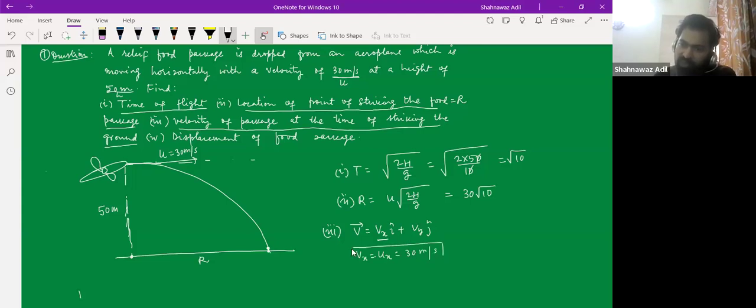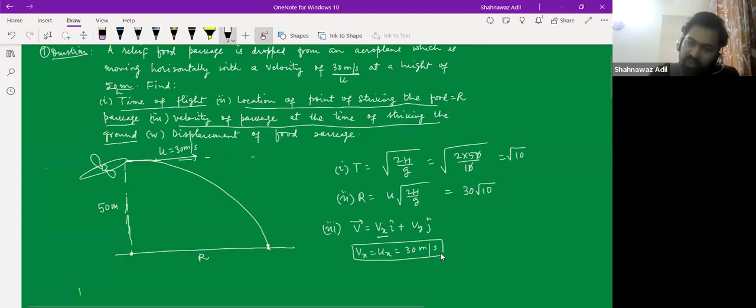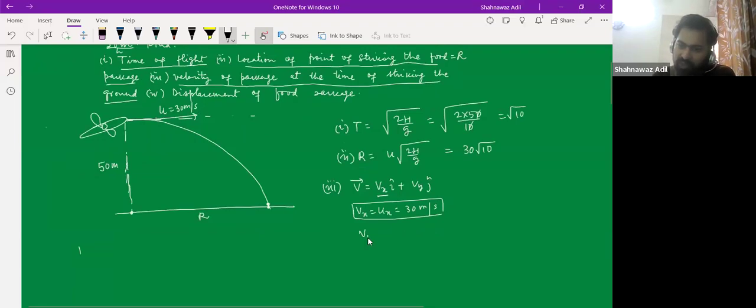But Vy we need to find out. So Vy is Uy plus Ay t. Uy is 0, Ay is g, and t we have already calculated, so this is root 10. So how much is this thing? 10 root 10.